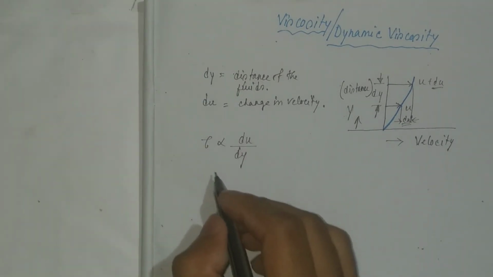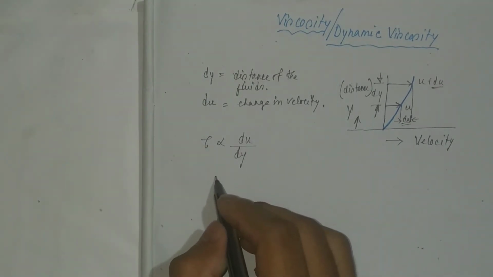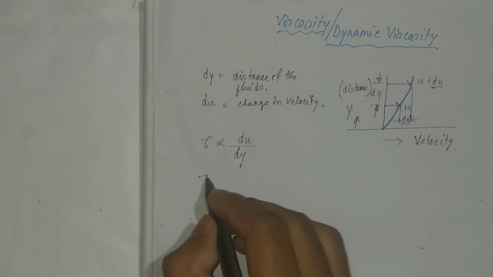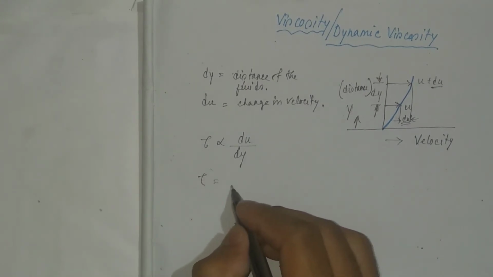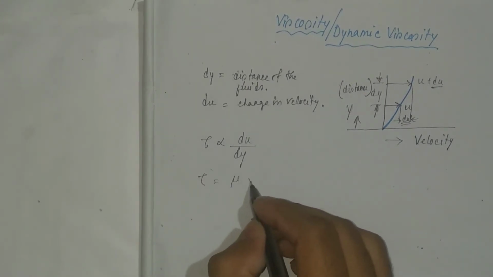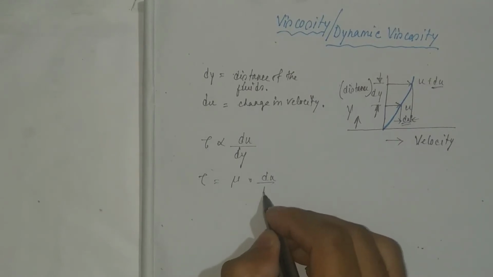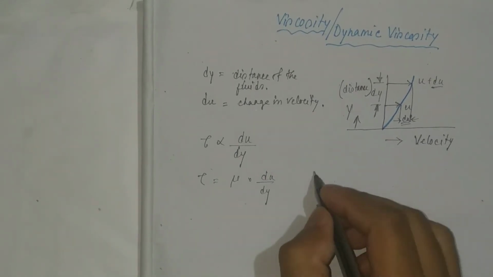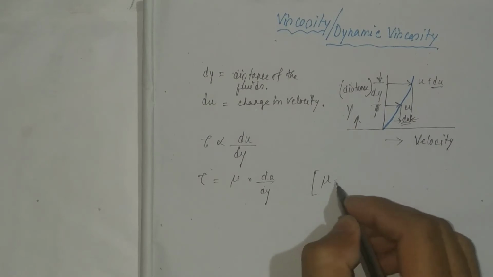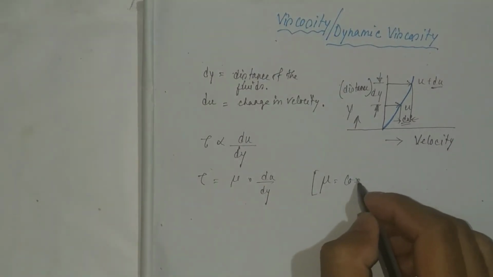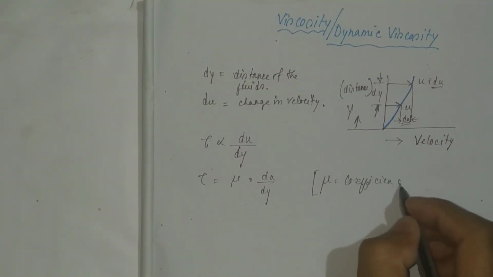Now taking a constant mu, we can write tau is equal to mu into du divided by dy, and mu is called the coefficient of dynamic viscosity, or viscosity.